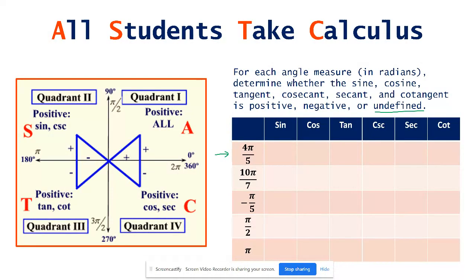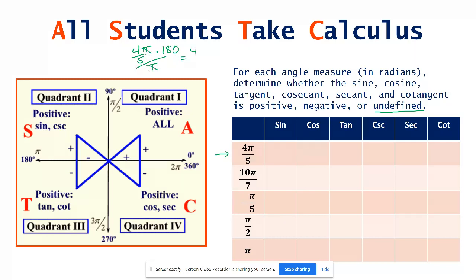One is you can convert it to degrees. So let's say 4 pi over 5. Let's say I don't really know where that's going to go on my unit circle. So I'm going to convert it to degrees. 4 pi over 5, I'm going to divide that by pi and multiply it by 180. The pi's cancel out.